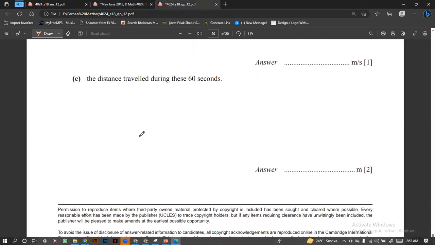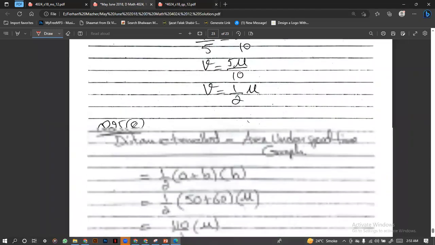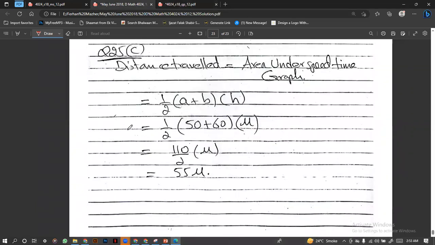The distance traveled during these 60 seconds. If you want to find the distance traveled, this is a trapezium, and this side is 60, this side is 50, and the height is u. The area under the speed time graph is equal to the distance traveled.